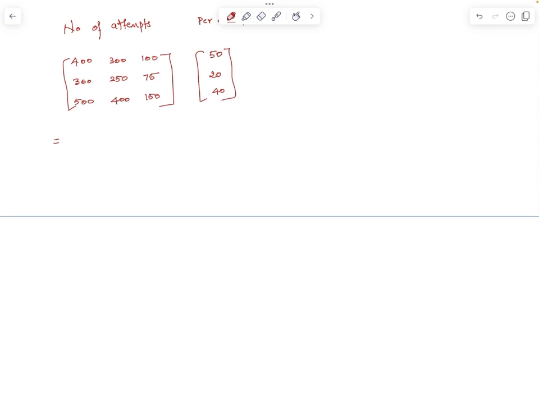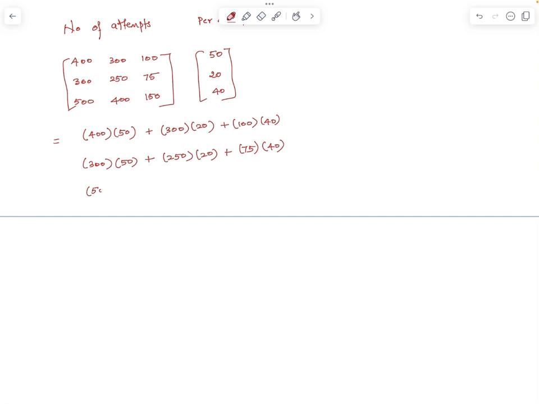On multiplying these two, we get 400 times 50 plus 300 times 20 plus 100 times 40 on the first row. 300 times 50 plus 250 times 20 plus 75 times 40.